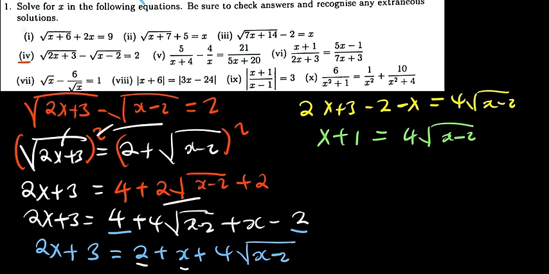The next thing we need to know is that you can clearly see that I still have the square root. I need to get rid of that square root. At this point I can square, even here I'm going to square.